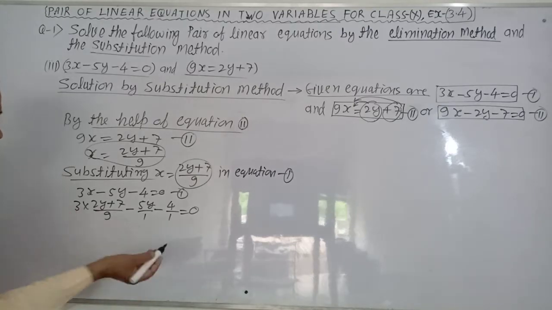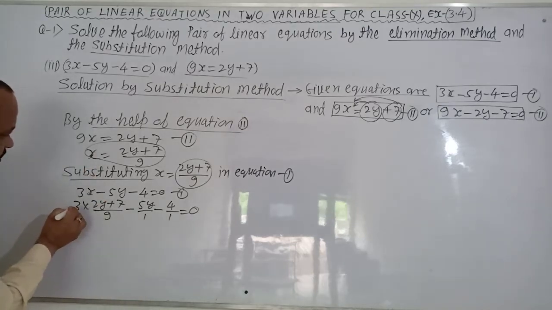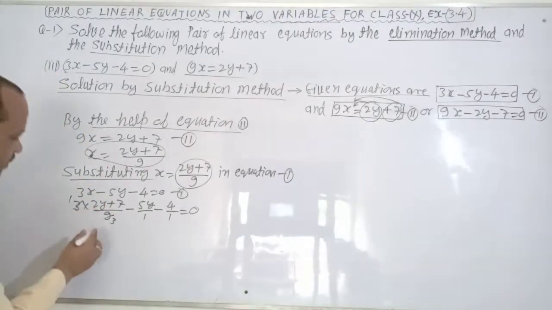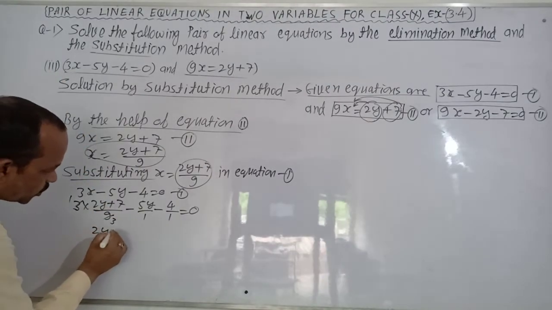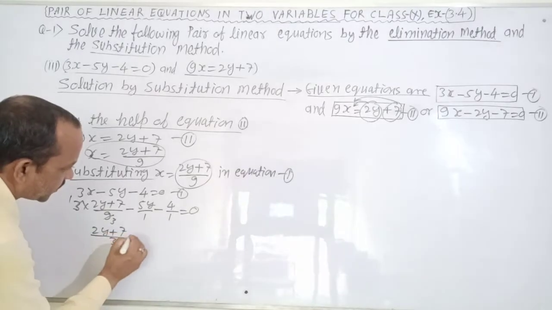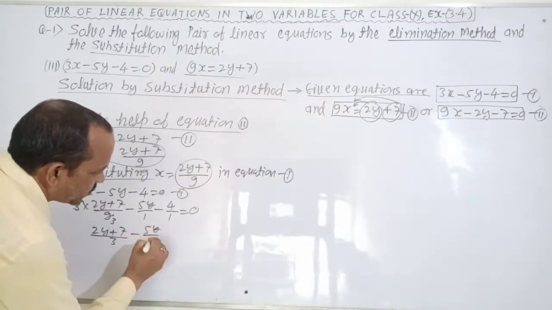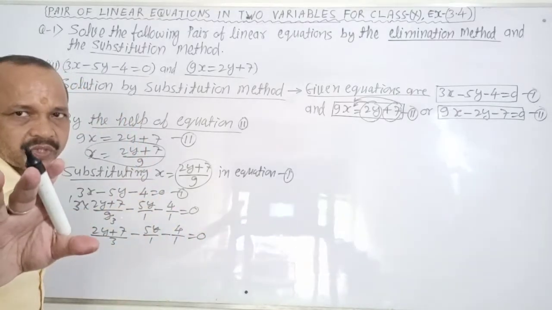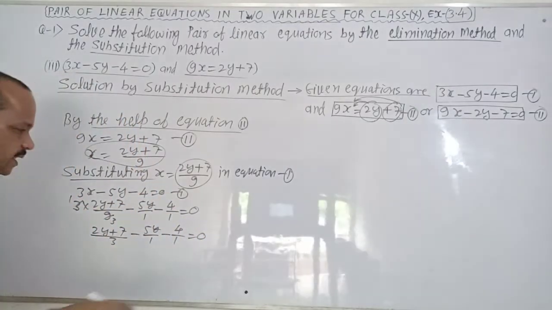Here you can cut it: 3 ones are 3, 3 threes are 9. It becomes 2y plus 7 by 3 minus 5y by 1 minus 4 by 1 equal to 0.